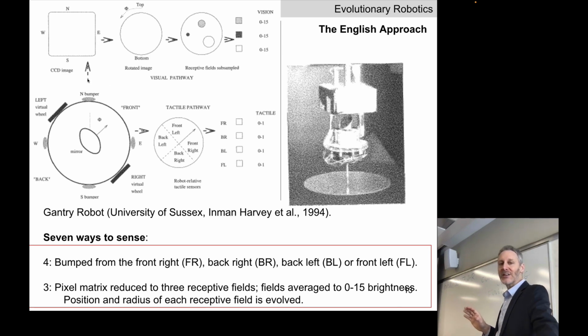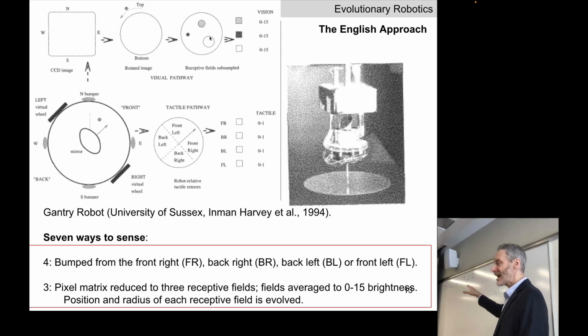So at the end of this visual pathway, during one time step of the operation of the robot, it gets raw pixel values back from the camera, but ends up spitting out 3 numbers, which they also downsampled to integers between 0 and 15. It's a bit of a detail, but doesn't really matter for our purposes. They're basically, obviously, restricting the robot's ability to see detail and ending up with 3 numbers, the amount of brightness inside these 3 fovea.